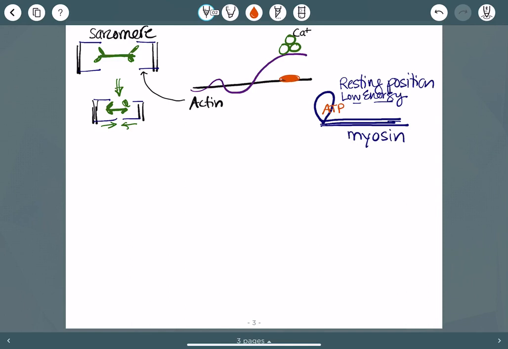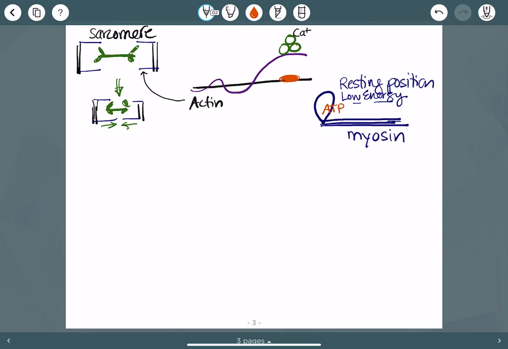For those of you who are less familiar with cellular energy mechanics, ATP, or adenosine triphosphate, is the main energy currency of the cell. When you talk about needing energy in a cell, you're talking about needing ATP.